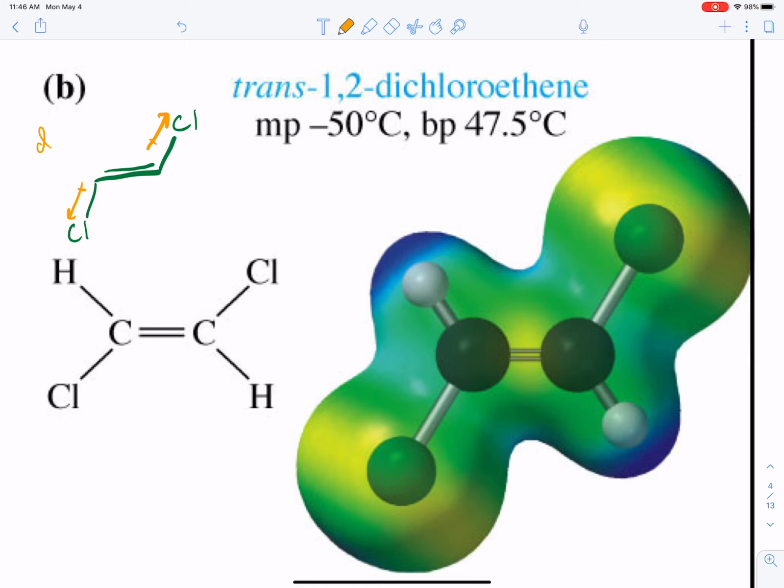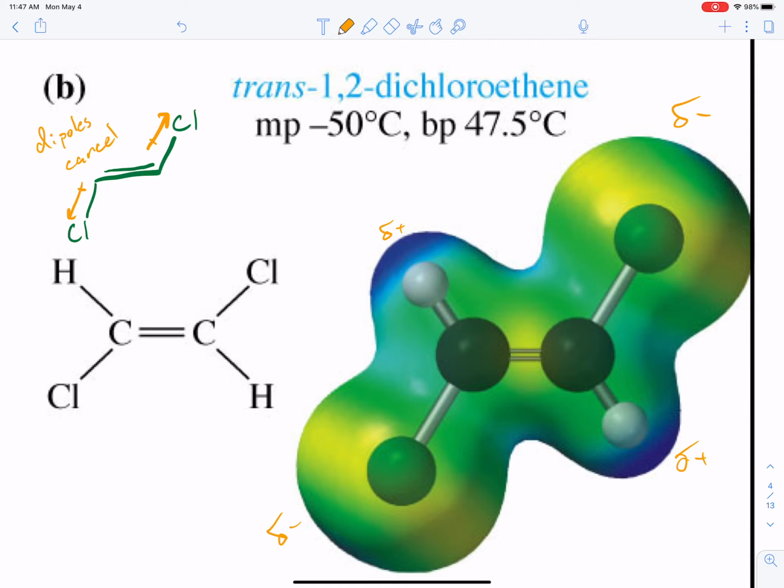The dipoles are in opposite direction, aren't they? So that means they cancel each other. But you can still see on this electrostatic map that we have a delta minus up here and a delta minus down here, and you got the delta pluses that are kind of hanging out in between, right? Just like we showed.